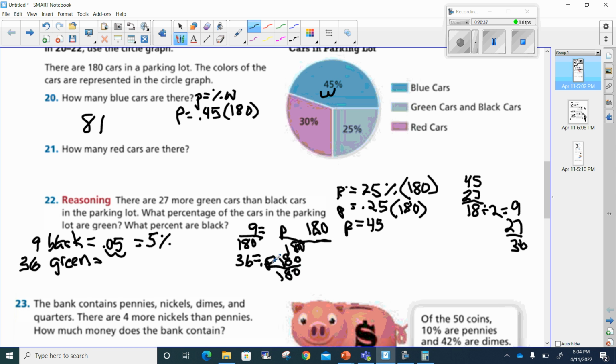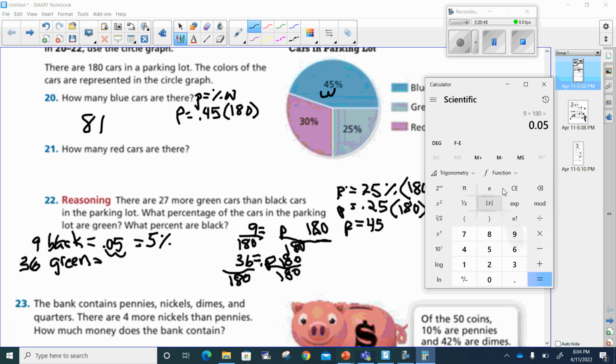Whatever I divide from one side, I divide from the other. Now I have 36 divided by 180. That's going to give me 0.2.